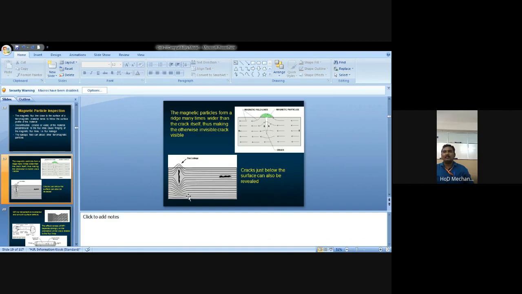If the defect is below the surface of the given testing specimen, at a minimum depth from the top surface to the defect, we are able to inspect it using magnetic particle testing.